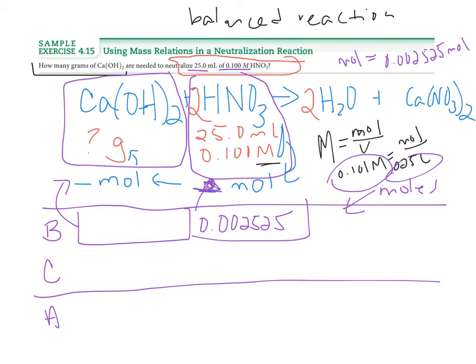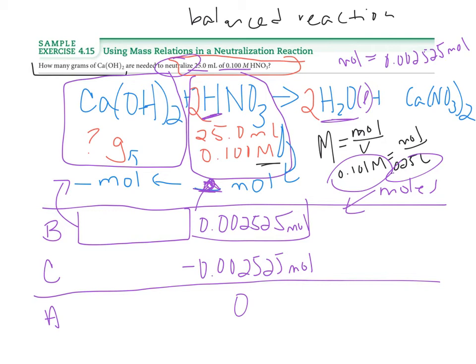Okay, I'm going to use all of these moles up in my neutralization, because I want to get rid of these protons. I want them all to react and form water. If I use them all up, then they're all going to be gone. So minus 0.002525, because that's what happens in a neutralization reaction. You get rid of all the protons or whatever you're neutralizing, and that becomes 0.